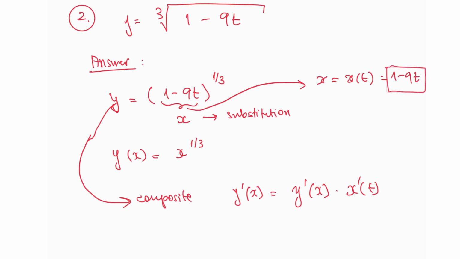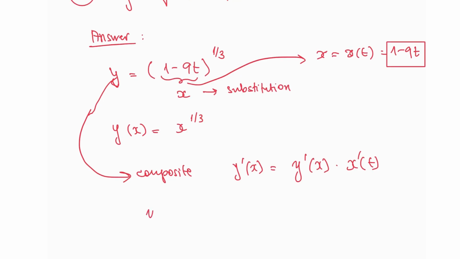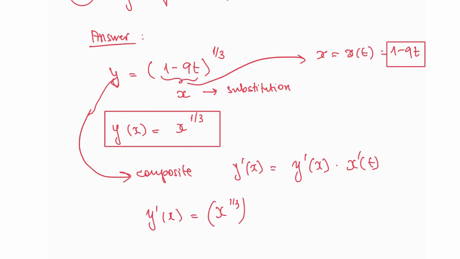This is the meaning of the chain rule and the composite function. So let's find out how much is y prime of x. That means x to the power 1 over 3 prime, which is 1 over 3 times x to the power 1 over 3 minus 1, which is 1 over 3, x to the power minus 2 over 3.